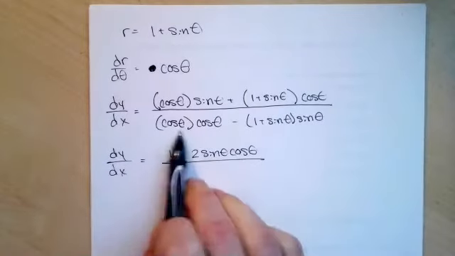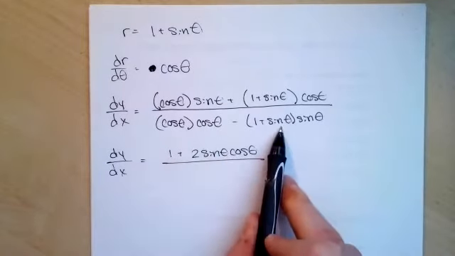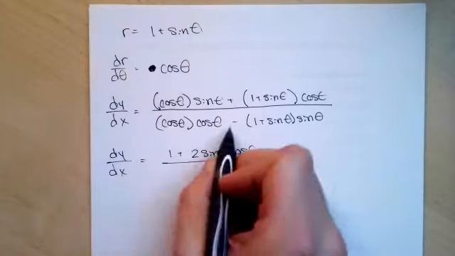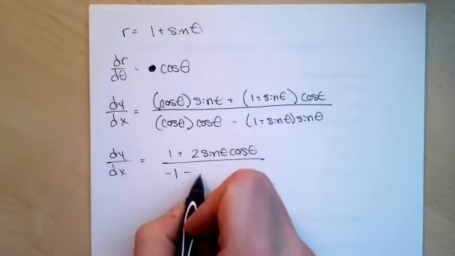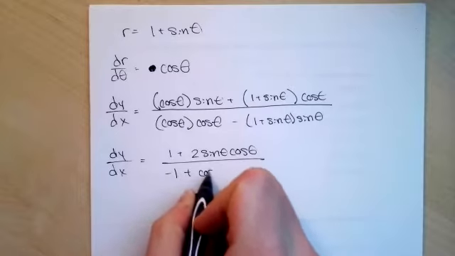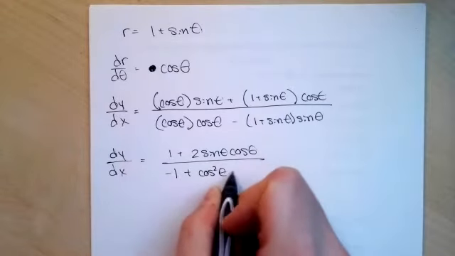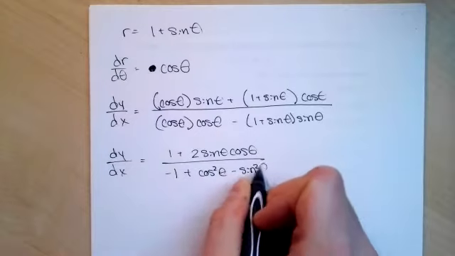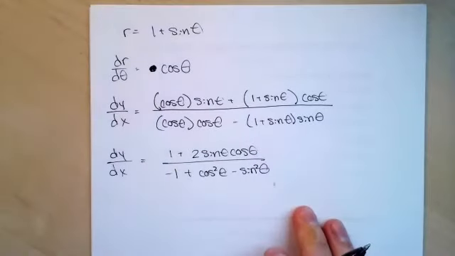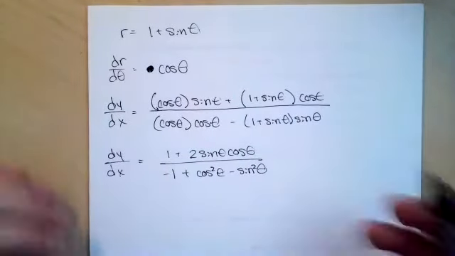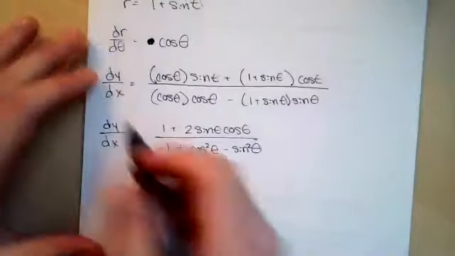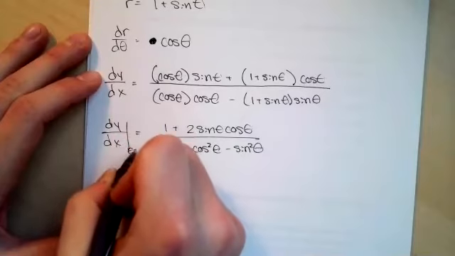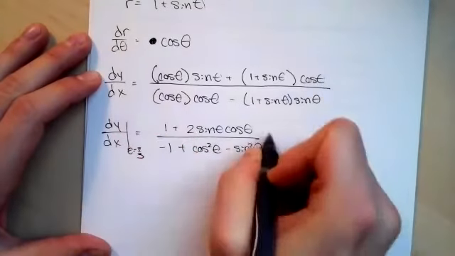In the denominator, we've got cosine squared, a negative sine squared and then a negative 1. So minus 1, sorry, plus cosine squared minus sine squared theta. You can write that as cosine 2 theta if you want, but it's not really necessary to do extra algebra, since we do want to evaluate this at pi over 3.